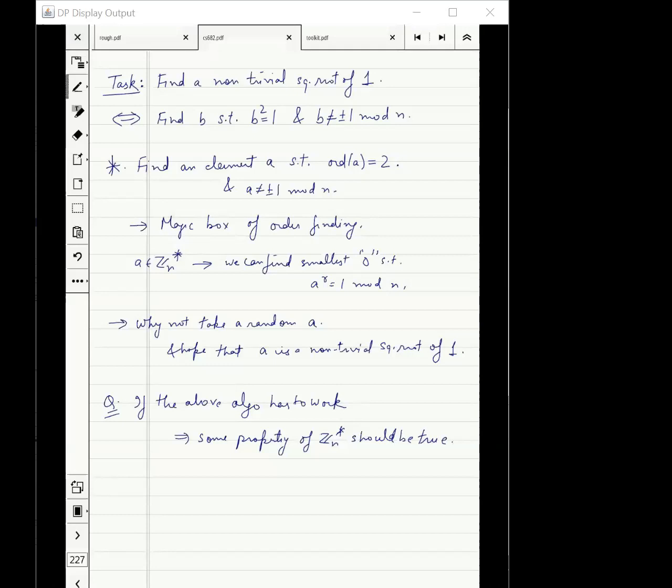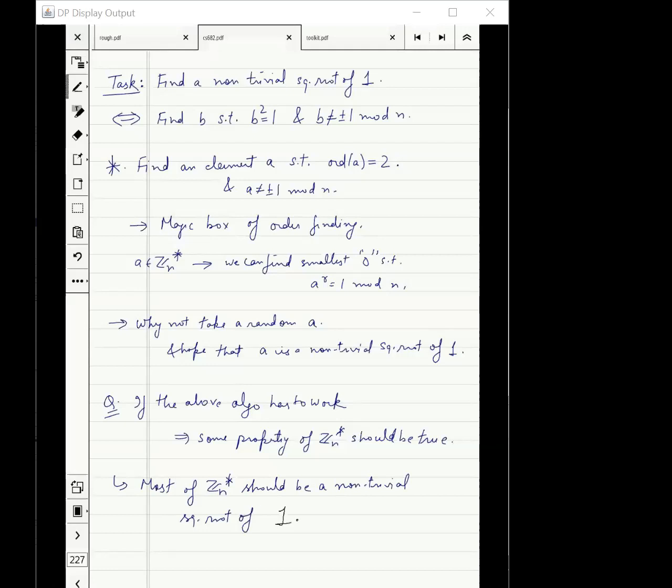But we are saying that for most of the random A's, our algorithm should work. But if this algorithm has to work, that means most of Zn star should be a non-trivial square root of 1.